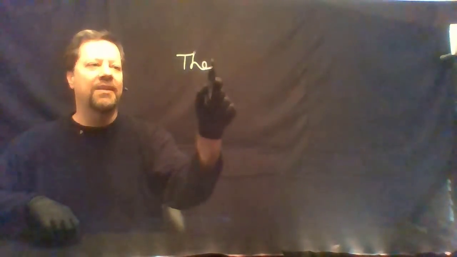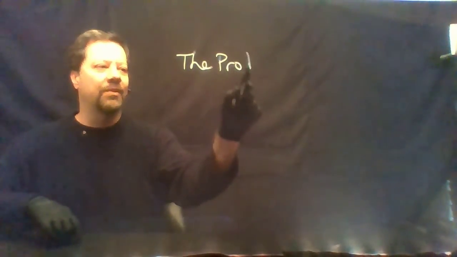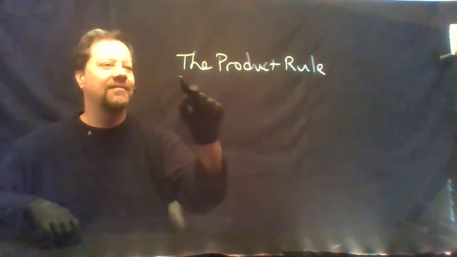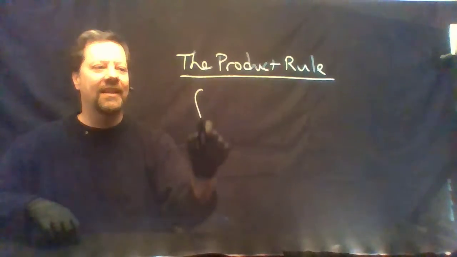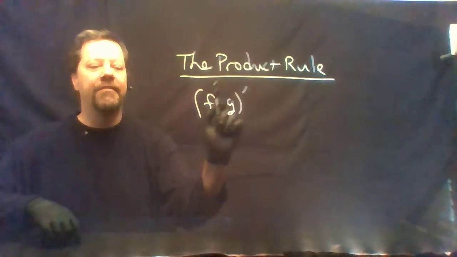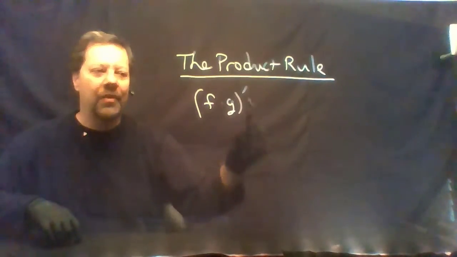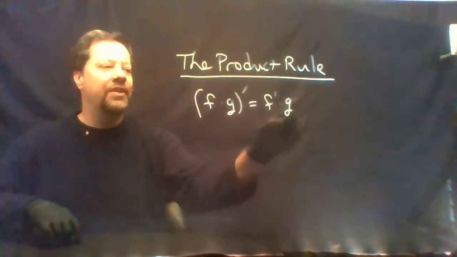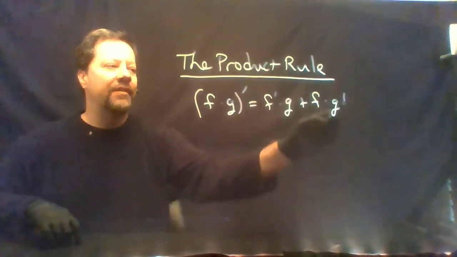The theorem is called the product rule, and it goes like this. Here's an abbreviated version. If you take the derivative of f times g, you get f prime g plus f g prime.